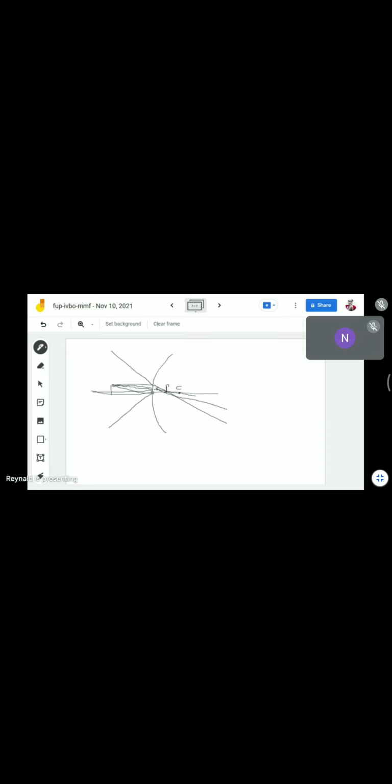Again, another extension sa virtual side. Kung saan nag-intersect yung lines, doon din nabuo ang image. So, halimbawa, dito nag-intersect yung mga lines, then dito nabuo yung image.